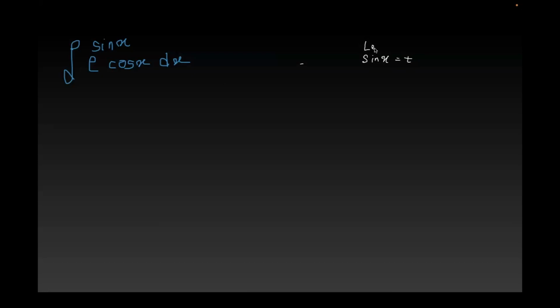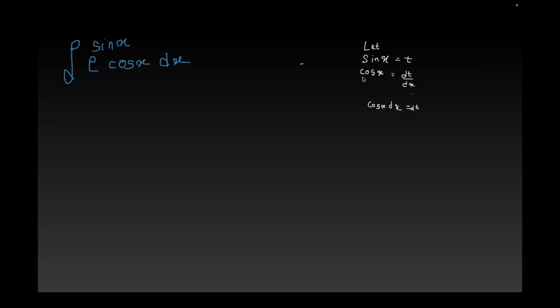Let sin x is equal to t. Differentiate with respect to x. So cos x is equal to dt by dx. I will take dx directly over there. So cos x dx is equal to dt.